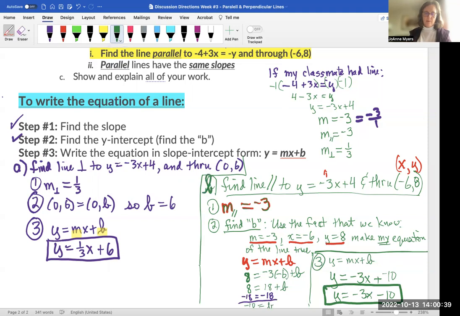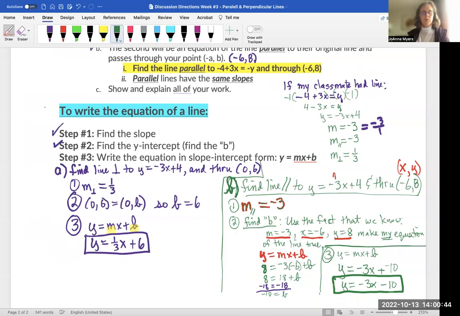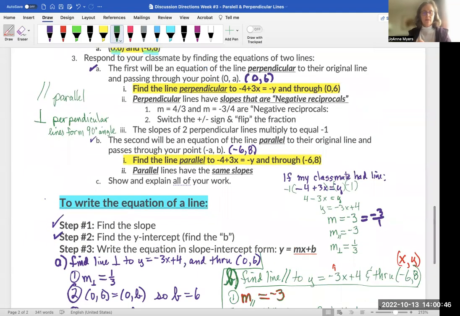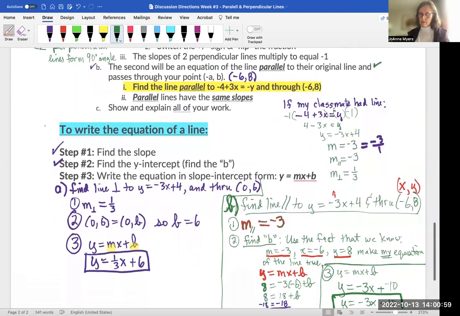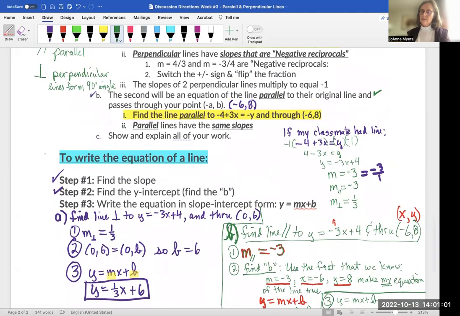And that's for part B, and the other was for part A. So go back, double check the directions. Find the line perpendicular, got it. Perpendicular lines have slopes that are negative reciprocals. And part B, the second, find the line that's parallel. All right, so the line that's parallel is y equals negative 3x minus 10.